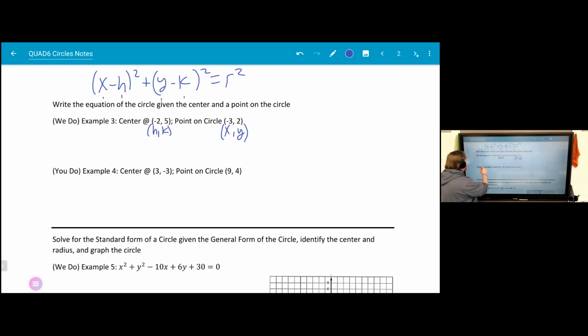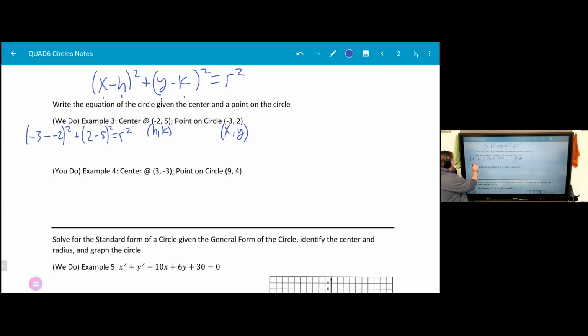X minus H squared. So -3, because that's X minus -2 squared, plus Y, which is 2, minus 5, because that's K squared, equals R squared.